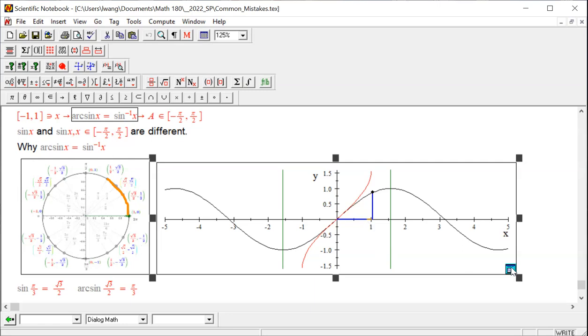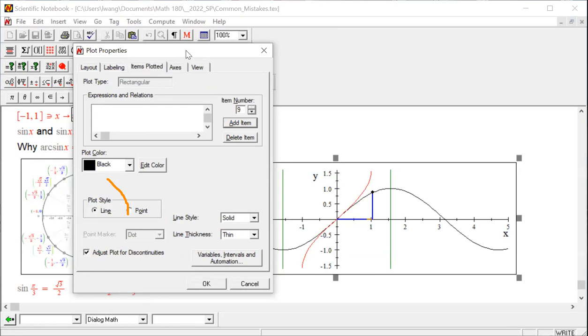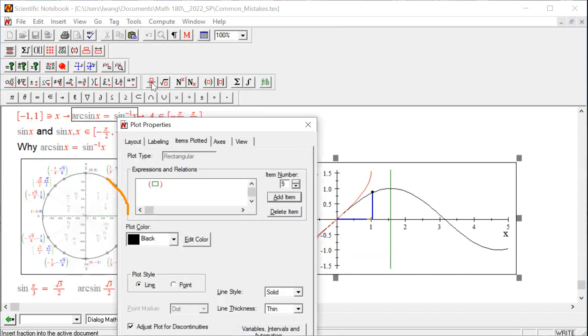Now I'm gonna draw the arc length, root 3 over 2. You don't have to worry about the grammar. And then this is going to be pi over 3, and this is going to be orange.